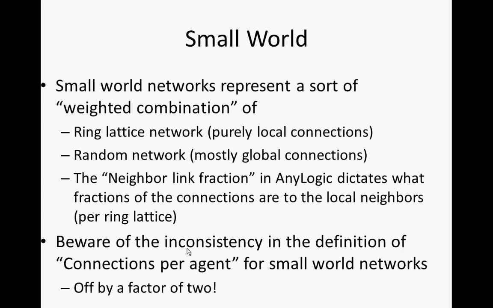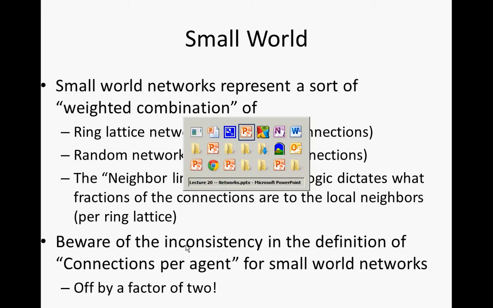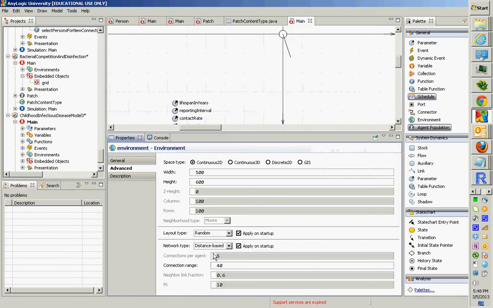It's like we have most of our connections drawn locally. In other words, we have connections with neighbors, but we have a certain fraction that are drawn globally, with arbitrary people across the network. And in AnyLogic, there's this parameter, which we would see if you go to a small world network.